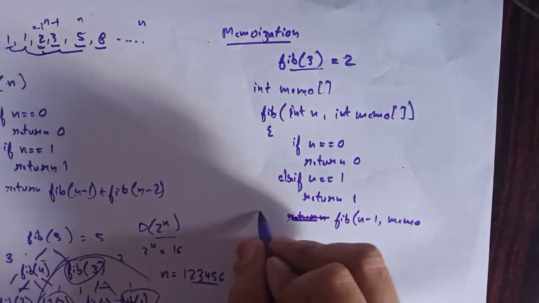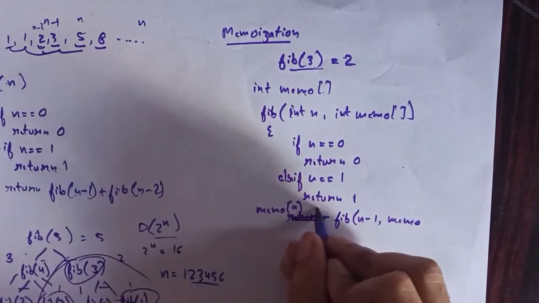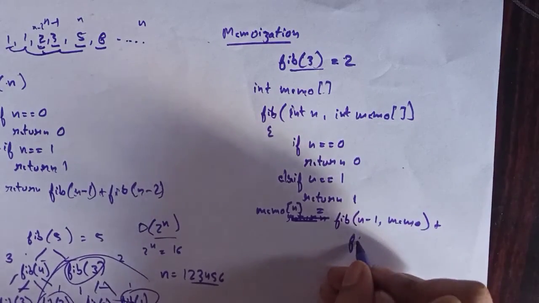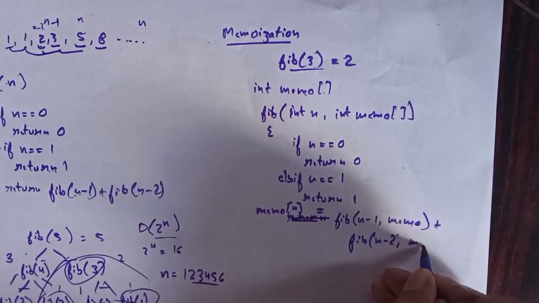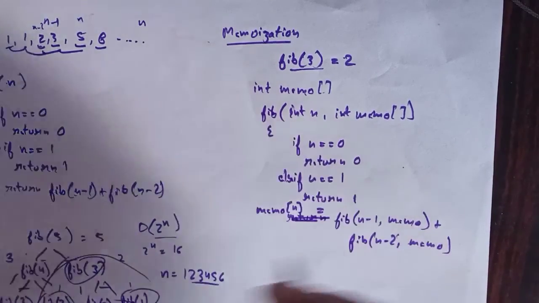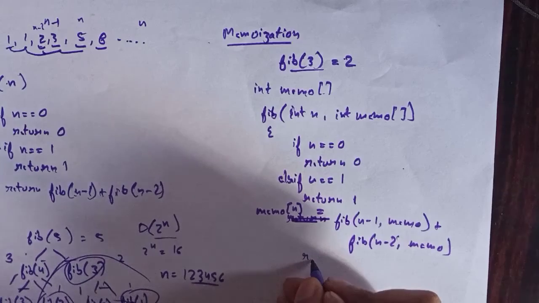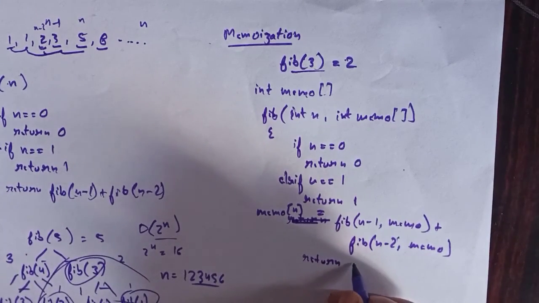We don't return this one, we do memo of n is equal to this plus fib of n minus 2, comma memo. And this is our solution to this program. We simply return the memo of n.